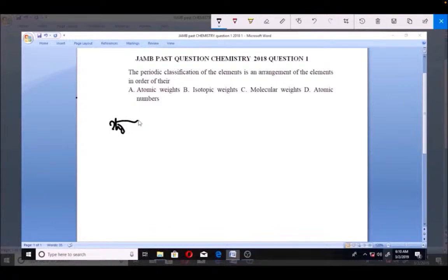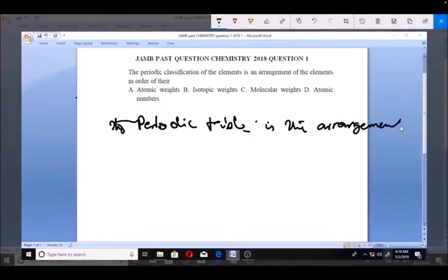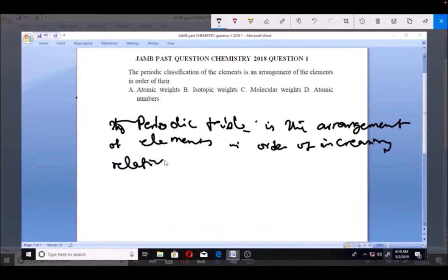By definition, the periodic table is the arrangement of elements in order of increasing relative atomic masses or relative atomic mass. That is what the periodic table is.